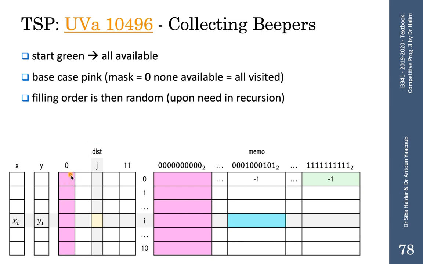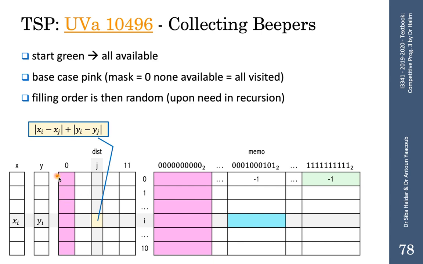So the distance will be filled as follows. For an entry at line i, column j, the distance is xi minus xj in absolute value plus yi minus yj in absolute value, and this is called the Manhattan distance, because you cannot move in a random way, you have to move along the 4 directions only.